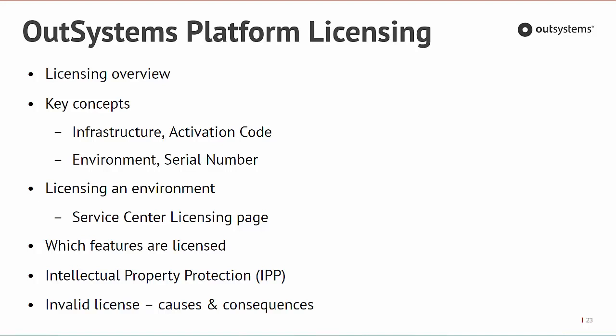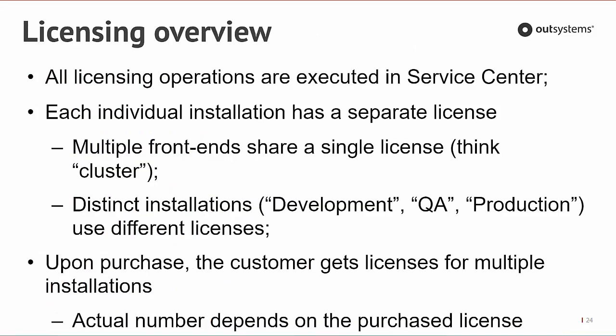We'll go through the overview first. All licensing operations are executed in Service Center. These aren't developer activities, so Service Center is the place to manage these. Each individual installation has a separate license.